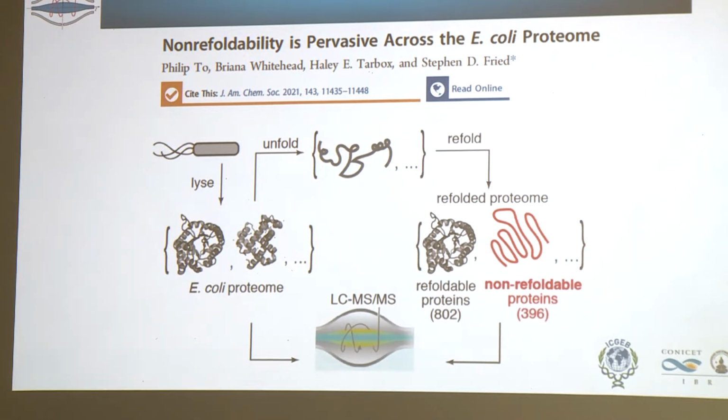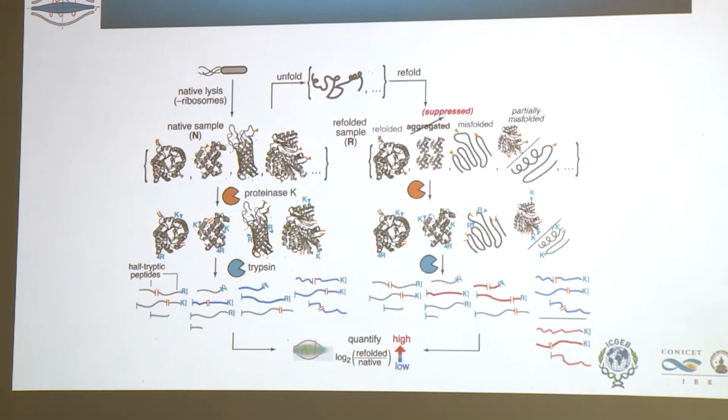What they did is lyse E. coli, then unfold the proteins with guanidine hydrochloride, then refold, and then use a LiP-MS experiment to check which are the refoldable proteins and which are the non-refoldable proteins. This is more or less the experiment.